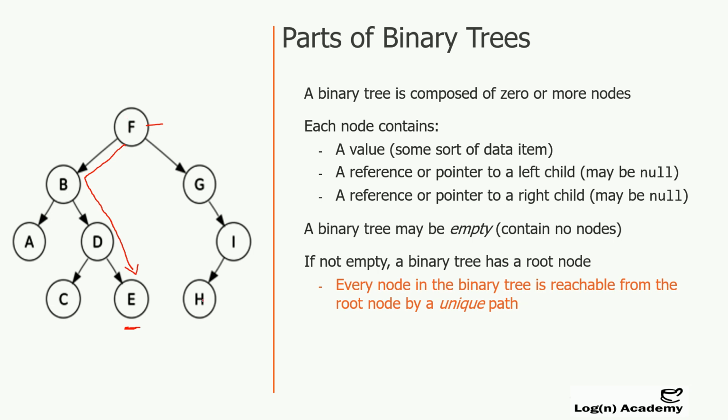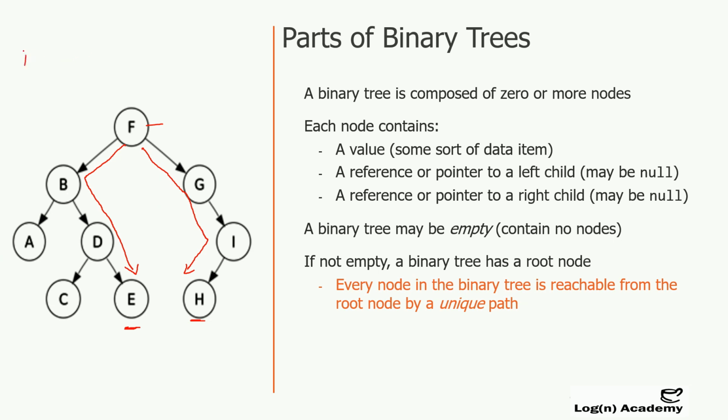And if I want to get to H, what path will I have to follow? The path would be F to G, G to I, and I to H. So if I want to get to any node, every path will be a unique path, right?